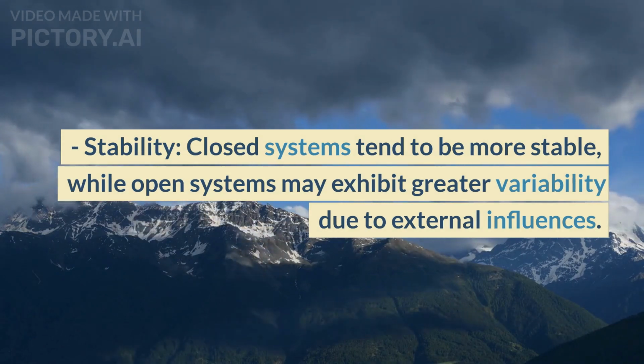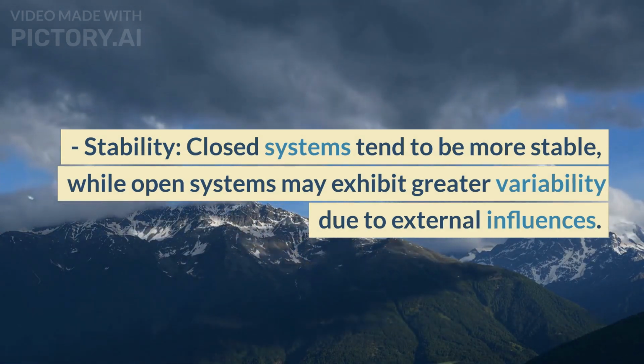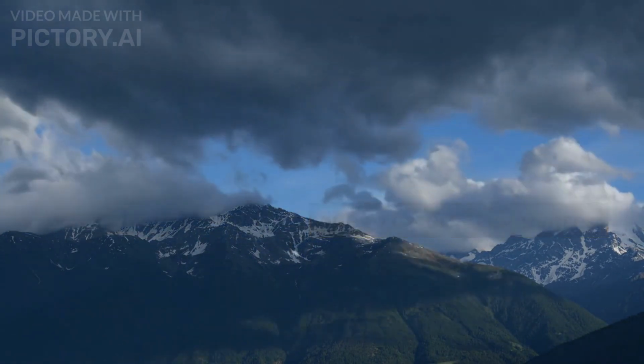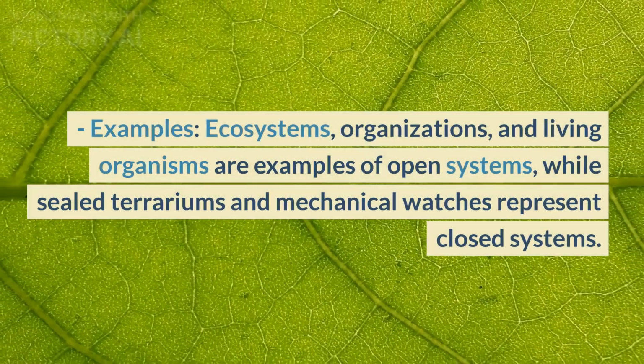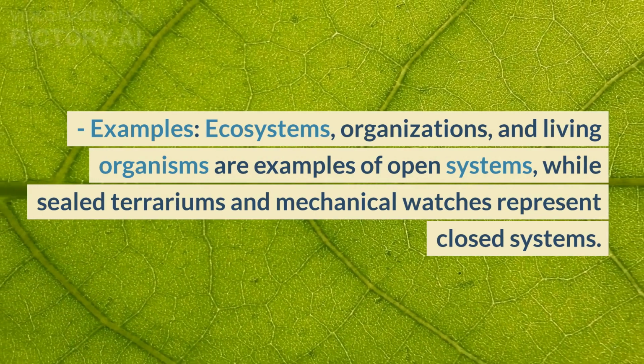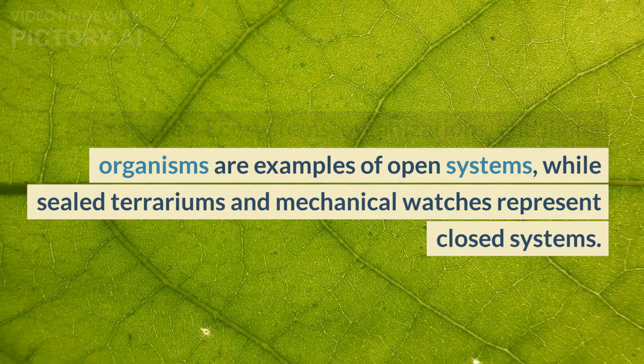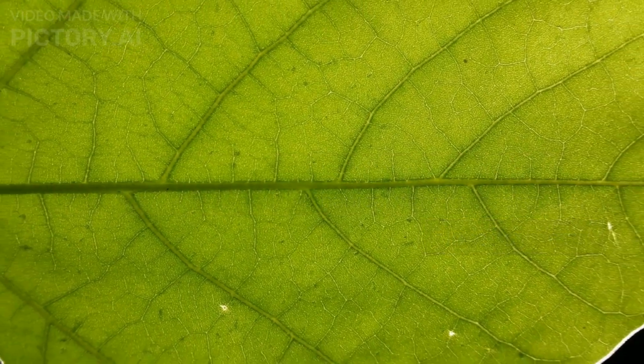Stability. Closed systems tend to be more stable, while open systems may exhibit greater variability due to external influences. Examples: ecosystems, organizations, and living organisms are examples of open systems, while sealed terrariums and mechanical watches represent closed systems.